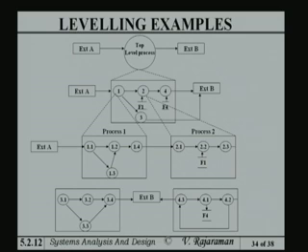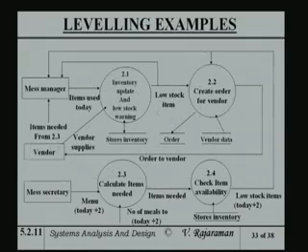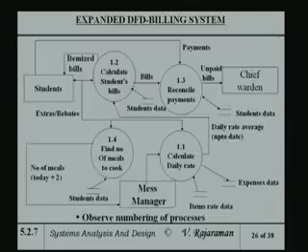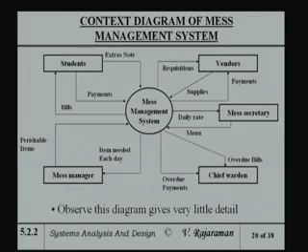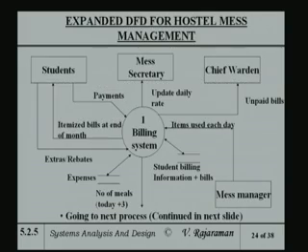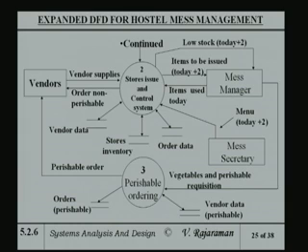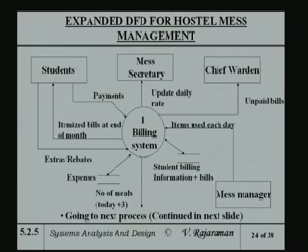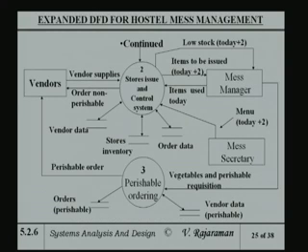So let me go back and look at what we did earlier. We started with this mess management system, which is a top level DFD, which I have given in that picture. And then from this we went to the next level, 1 and 2. 1 was there in the earlier one, and because 1, 2, 3 cannot be shown in one, I have shown 1 and 2 and 3 in the other.